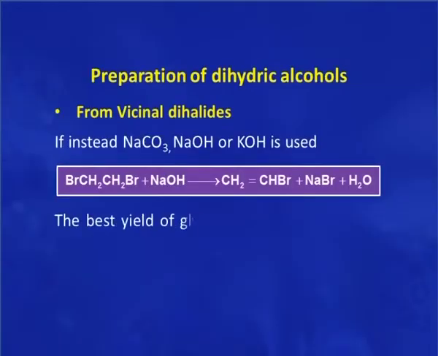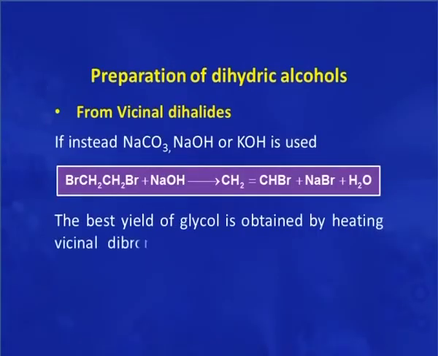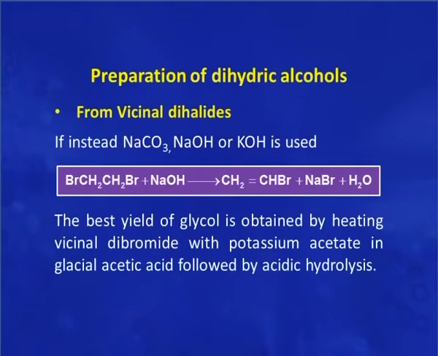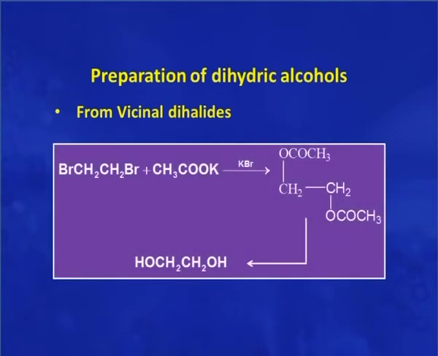The best yield of glycol is obtained by heating vicinal dibromide with potassium acetate in glacial acetic acid. The diacetate formed, upon hydrolysis, forms ethylene glycol in good yield.